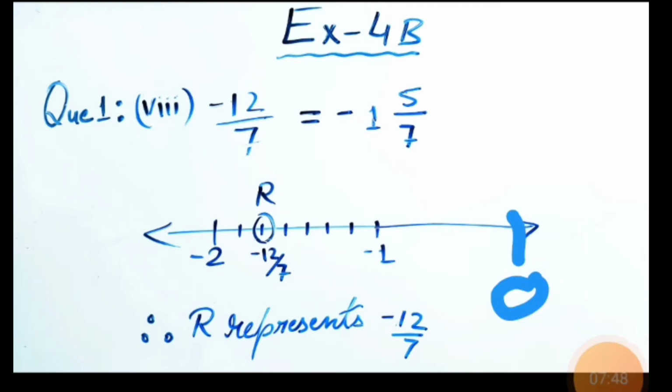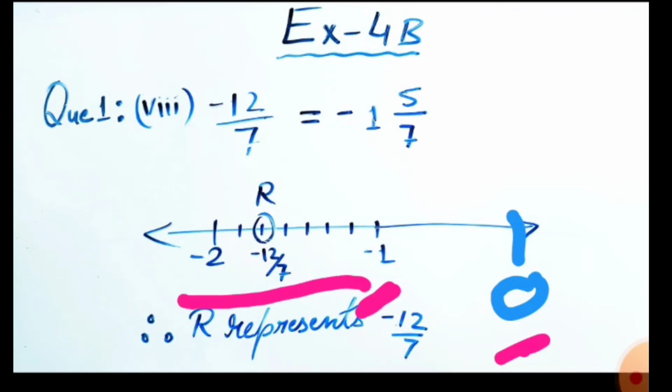So we can see this is 0 and it is a negative number, so we'll take on the left hand side. We'll take the numbers on the left hand side. So we need minus 1 whole 5 by 7. So minus 1 whole, this is 1 whole minus, and we need 5 by 7 means from the next unit.